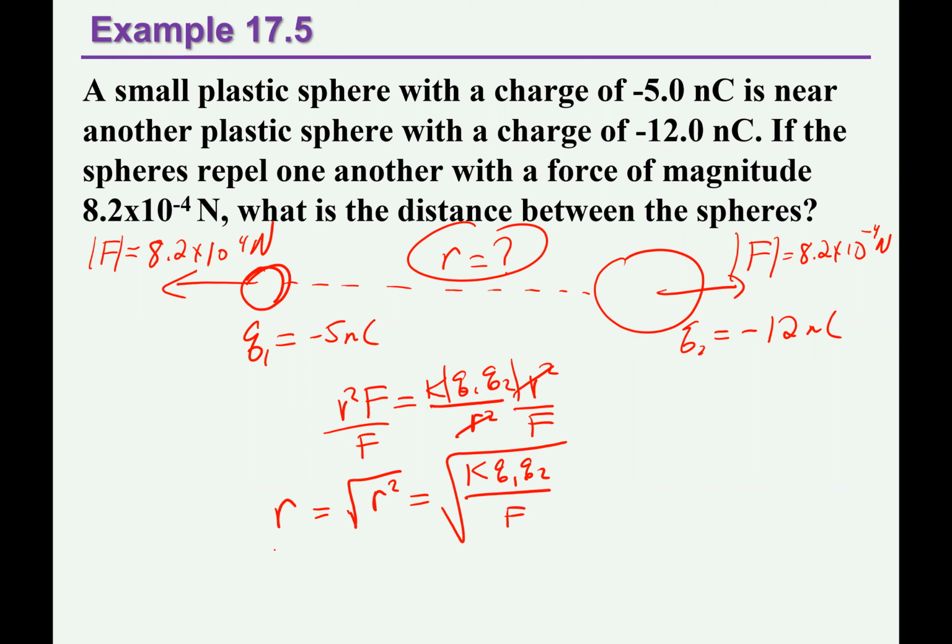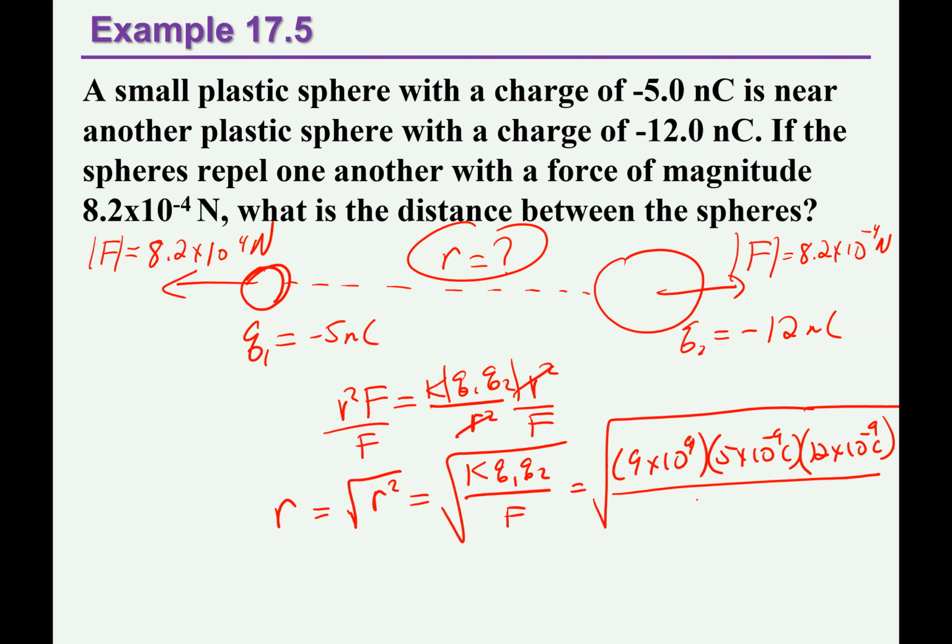So R equals the square root of 9 times 10 to the 9, that's K, and then 5 times 10 to the -9 coulomb. Remember, absolute value, so you don't put the negative. 12 times 10 to the -9 coulomb, again absolute value. Then divided by the force, which is 8.2 times 10 to the -4 newtons.